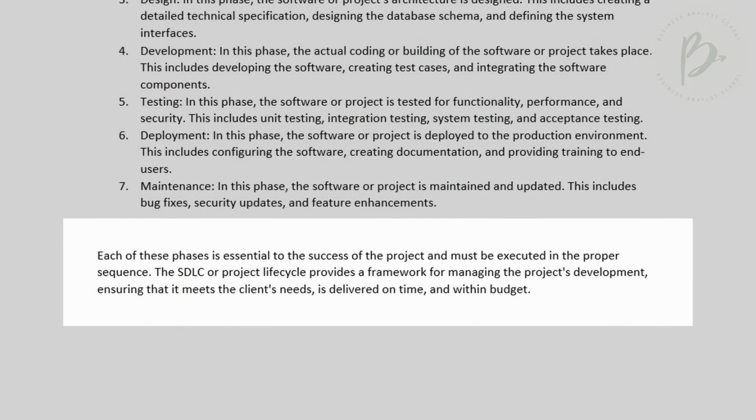So each of these phases are essential, very important to the success of the project, and they must be executed in the proper sequence. Don't forget, it depends on the project methodology, whether it's agile or waterfall, but they always will follow this sequence.